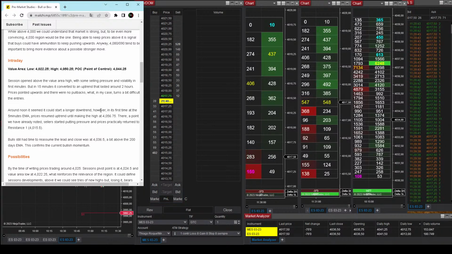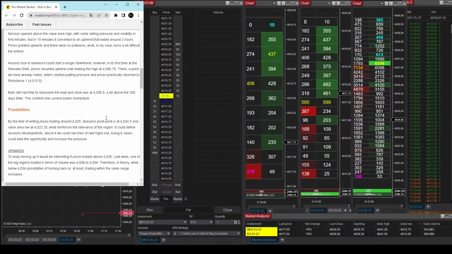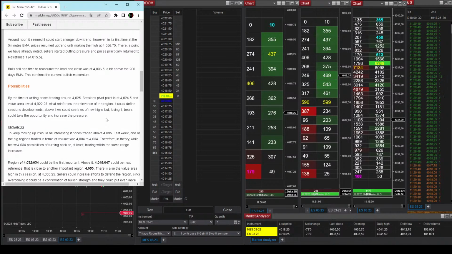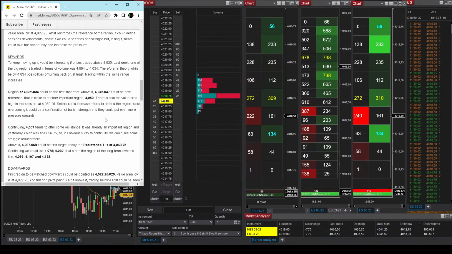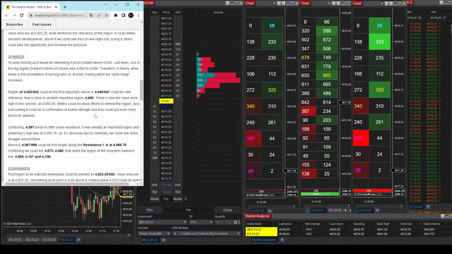Again, prices are trading for several sessions around the moving average. And so while it's above 40.04 or above 40.100, it could possibly be good for them.